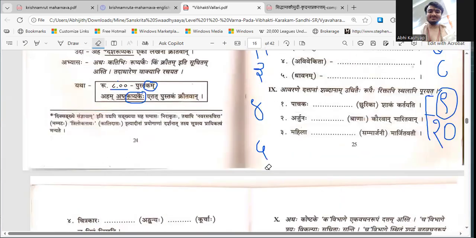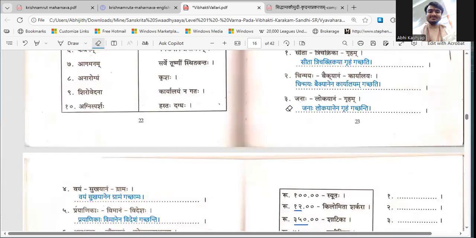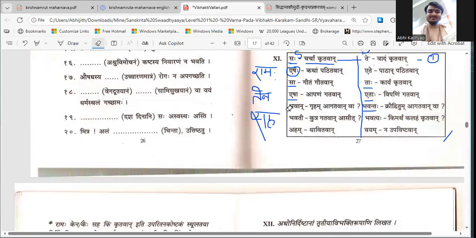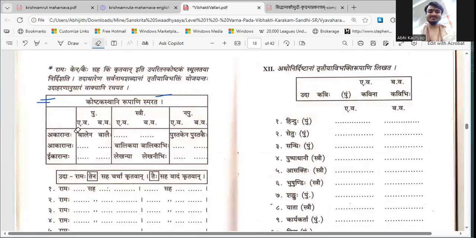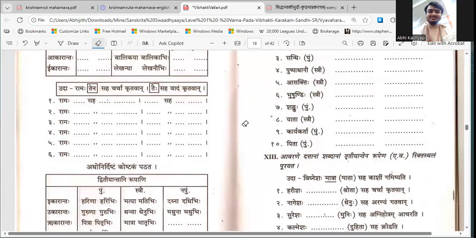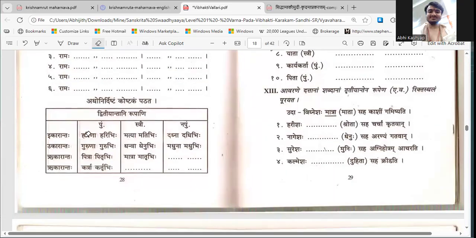And one other thing is the Tritiya Vibhakti form for all the words that we have seen. That means Akaranta, Pullinga, and then Napumsakalinga. We took Pustaka. So the Ekavachana, Dvivachana, and Bahuvachana, what is the Tritiya Vibhakti? And then Akaranta, Ikaranta, Ukaranta, we have seen Rikaranta, all that. We did Dvivachana as well.